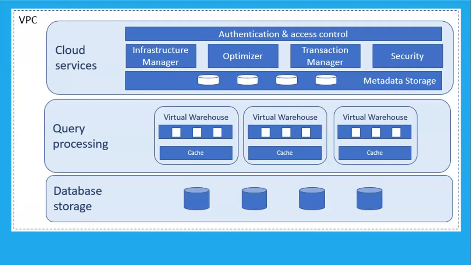You can create multiple virtual warehouses. Creating multiple warehouses means you are creating separate hardware resources. You are providing separate hardware resources to each project. Suppose you have 20 projects in your organization.